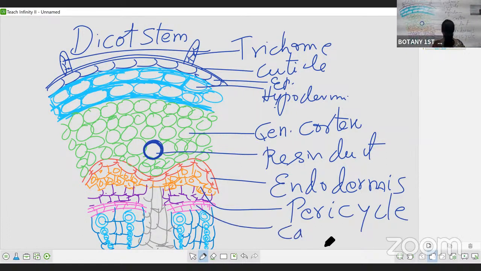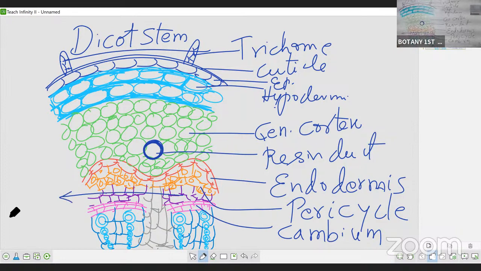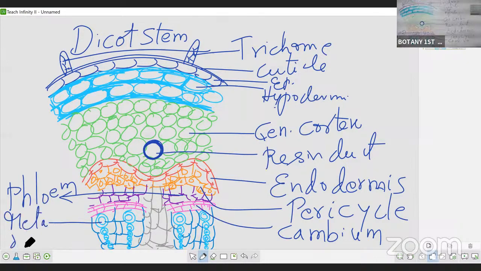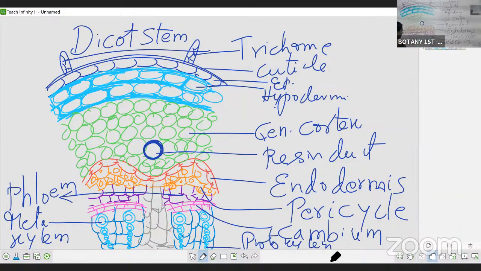Cambium, and now this is the phloem, this is metaxylem, and this is protoxylem, the smaller one, okay, and this is medullary ray.